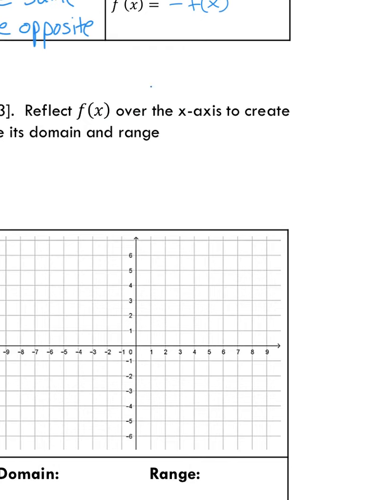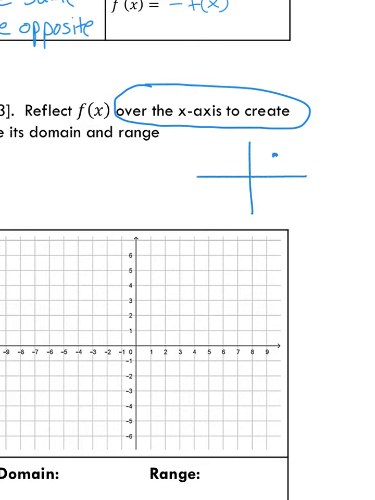Okay, so first thing I do, always, I look at what we're doing. We're going over the x-axis. I remind myself, if I'm reflecting over the x-axis, the x is the same. And what's changing is y is opposite. So I always kind of give myself that reminder.